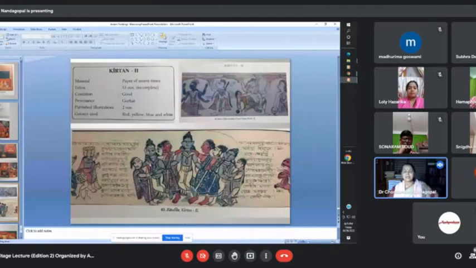And this is the last Kirtana, two of the avatars of Vishnu. And the last one is the Raslila. It looks like a folk tradition. The artist must have come from an interior satra or a folk artist. But the subject is of Vishnu's avatar.